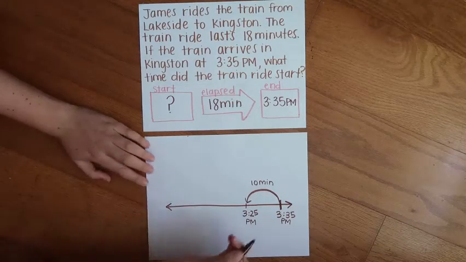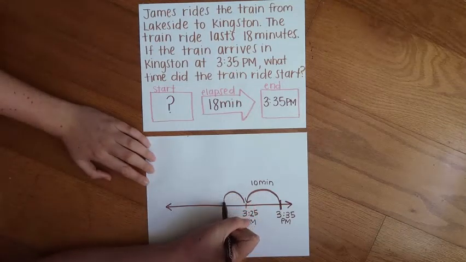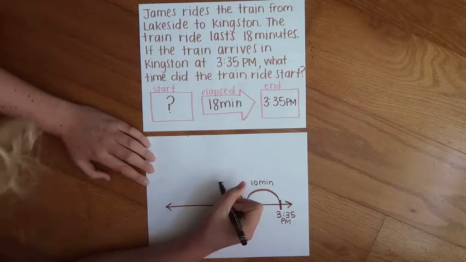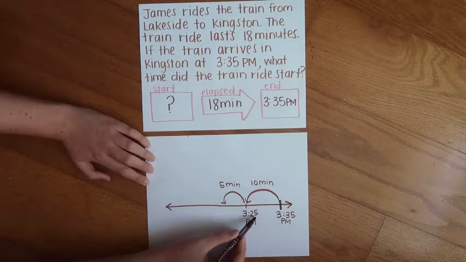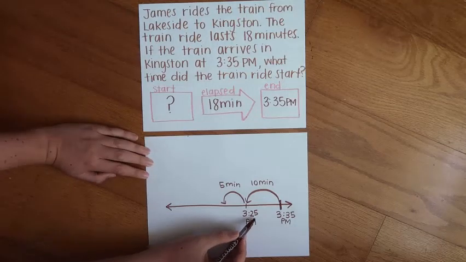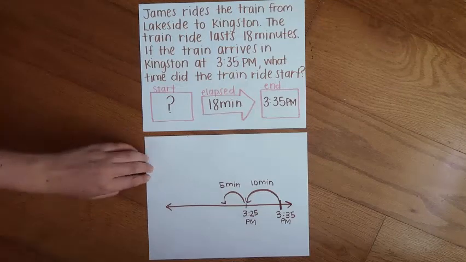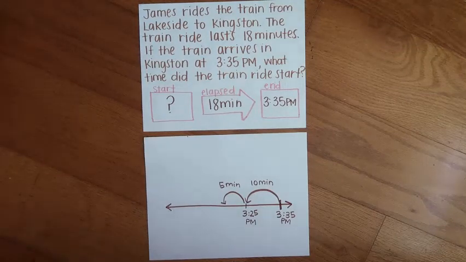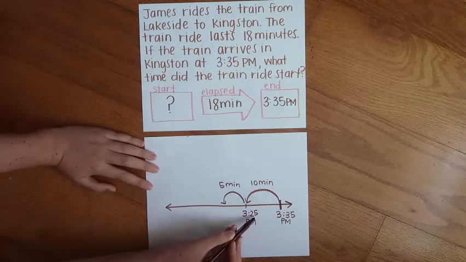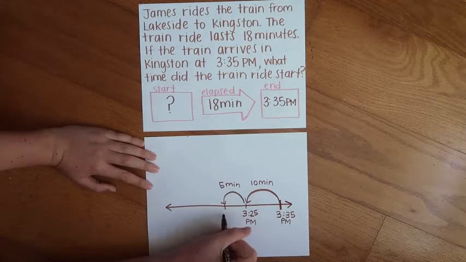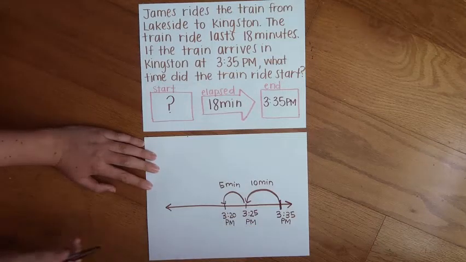I'm going to do a 5-minute hop. The reason I chose 5 minutes is because I can see here that I can't take away 8 minutes yet, or I can, but it's going to take some borrowing and things like that. And so to avoid that, I'm just going to break up that step. And I'm going to say 3:25. To go back in time another 5 minutes is going to be 3:20 p.m.